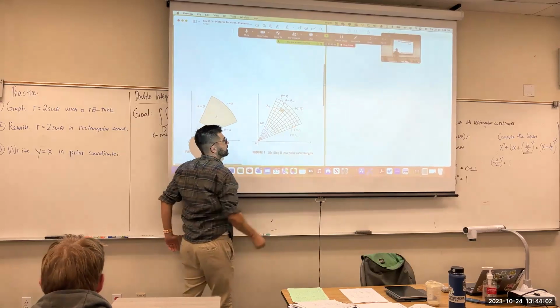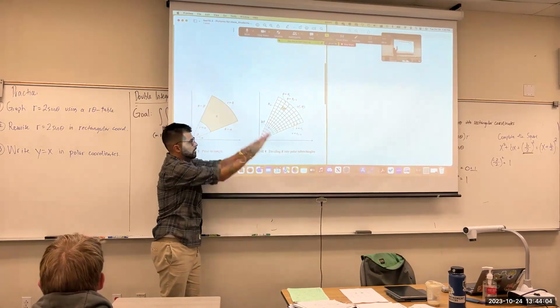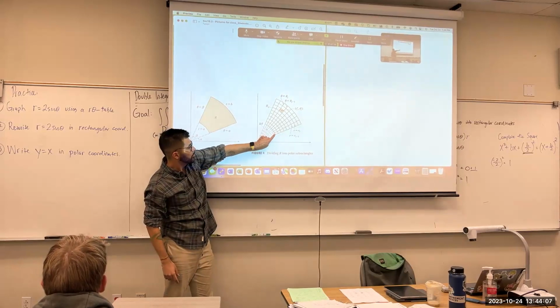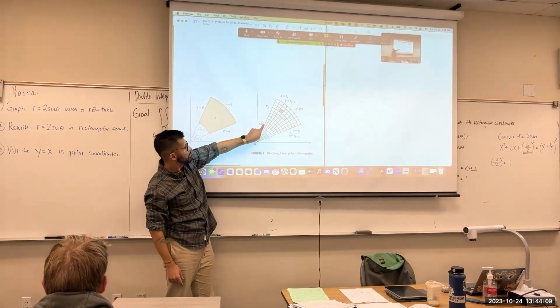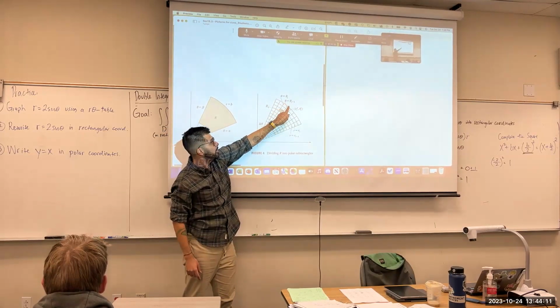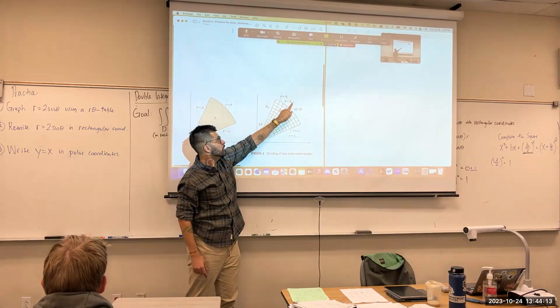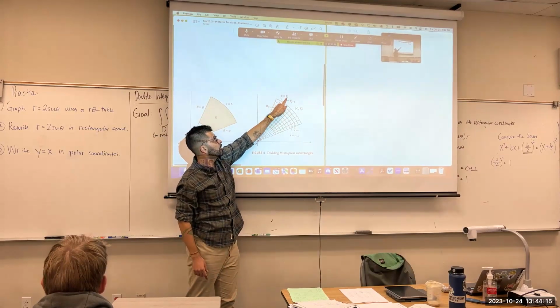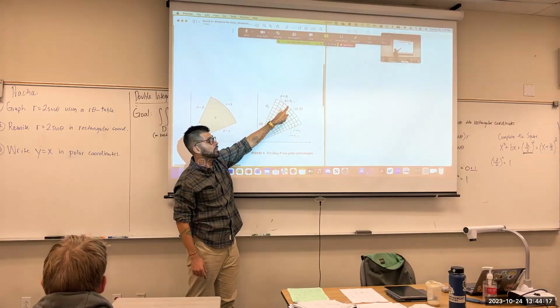Your thetas, you're going to split them also into intervals, like this. So this is the angle theta_{j-1}, and then the angle theta_j. We're going to call that the jth theta interval.